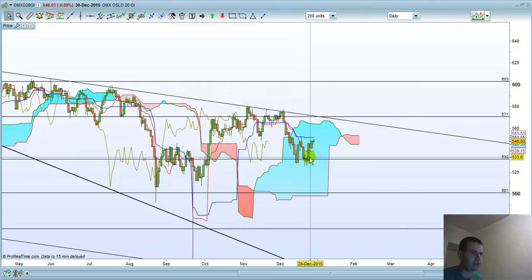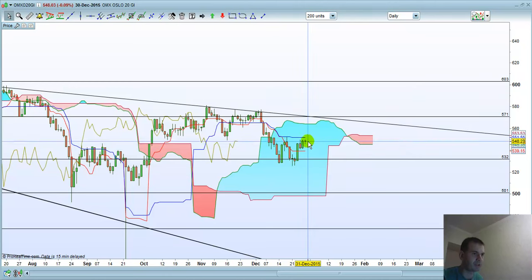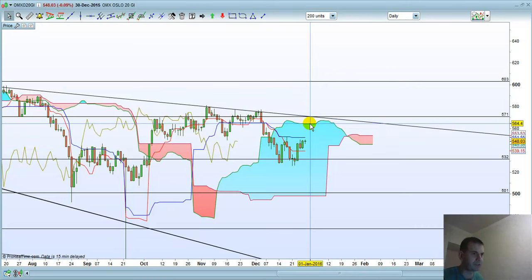And we can see the price declined to this support level 532, but then it rebounds up and consolidates within the market between the Kijun-sen line and Tenkan-sen line. The nearest resistance level is the upper border of the cloud.